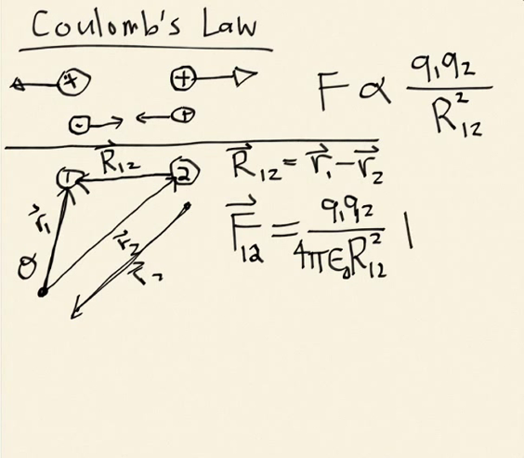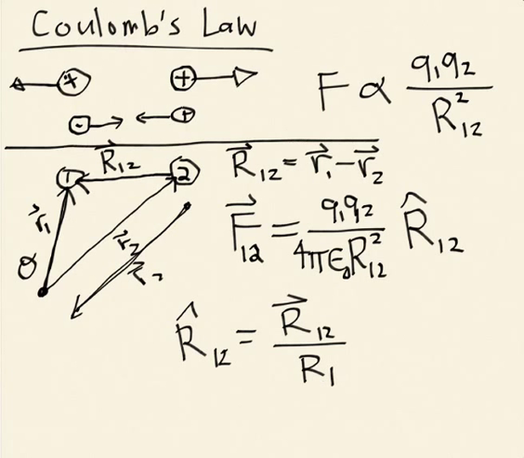So we just say it's going to point along the direction of R12, but we use the unit vector to describe that. Now the unit vector R12, when I put a hat on it, I mean unit vector, so a vector of length 1, so it adds nothing to the magnitude, but it tells you what direction it is. You can formally define it as R12 over the magnitude of R12.